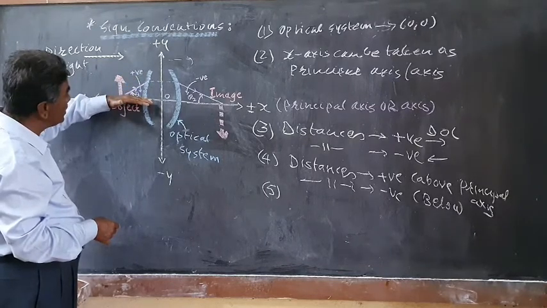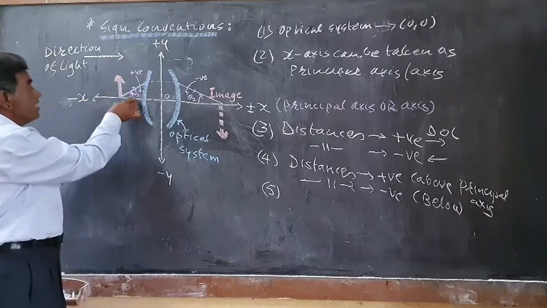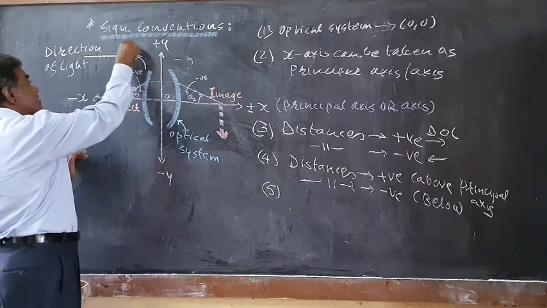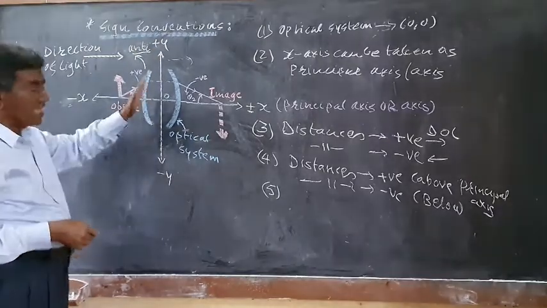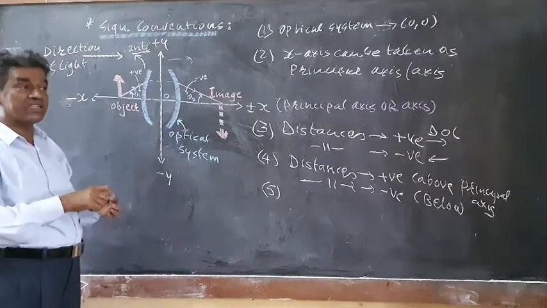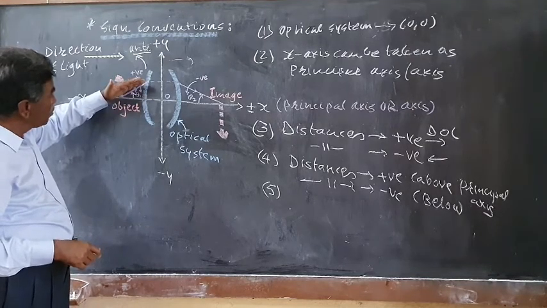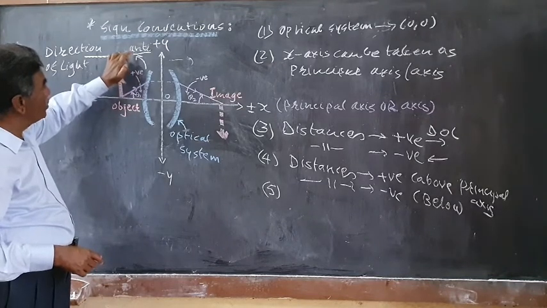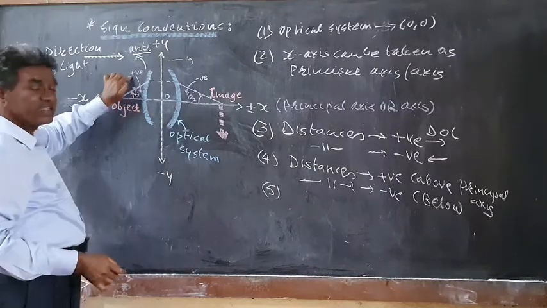If the axis is rotated through an acute angle to make it coincide with the ray in this direction, this direction is anti-clockwise. As far as the clock is considered, this is the clockwise direction, and opposite to that is the anti-clockwise direction. If the axis is rotated through an acute angle to make it coincide with the ray in the anti-clockwise direction, then this angle theta 1 can be taken as positive.